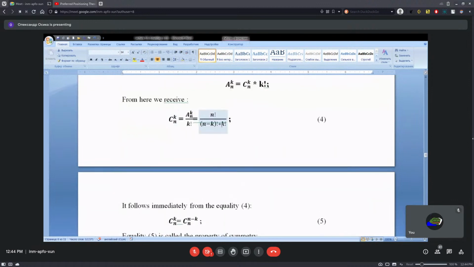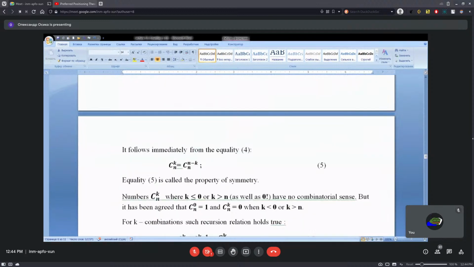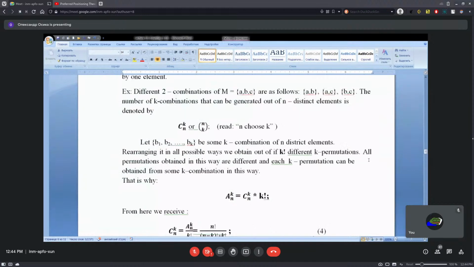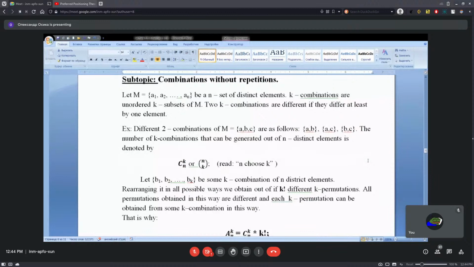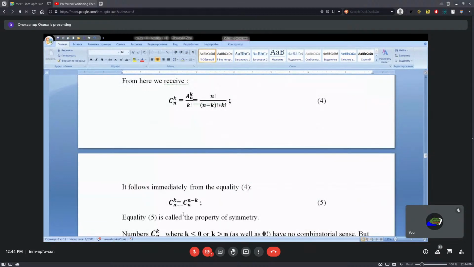From this formula it follows immediately that C sub n high k, or n choose k, is equal to n choose n minus k.